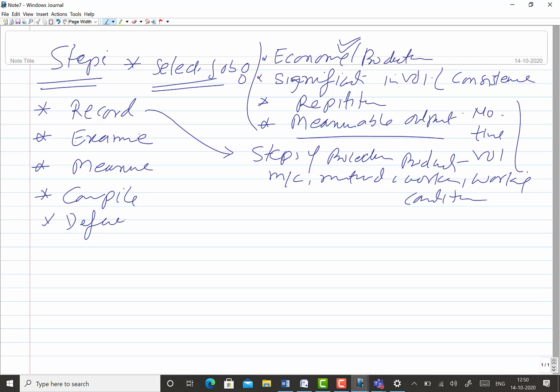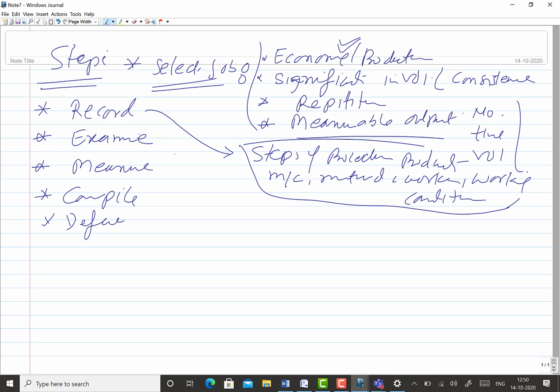Anything that can affect the time taken by a worker in a job has to be included in the record, but this is more descriptive in nature. It is like bullet form or stepwise: what are the different things being done and the conditions of working that can affect the time required to do the job.